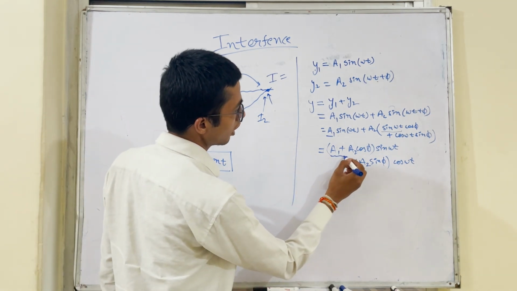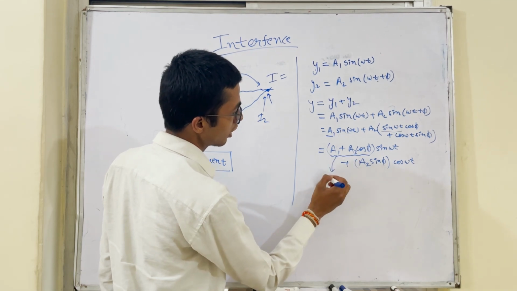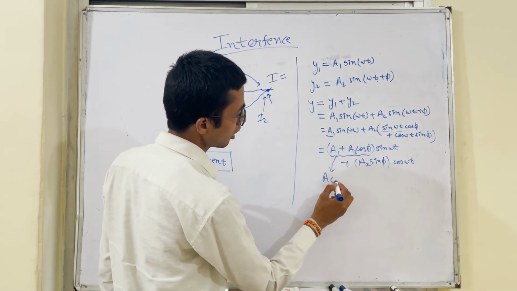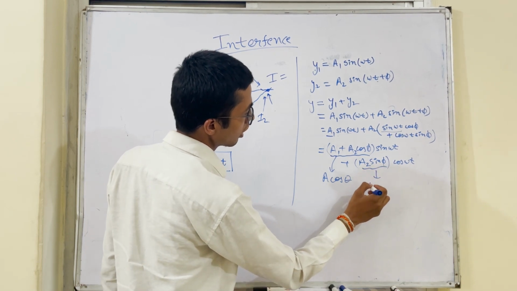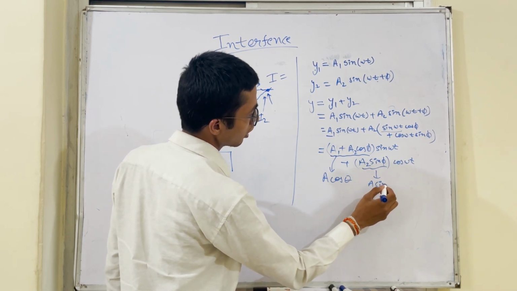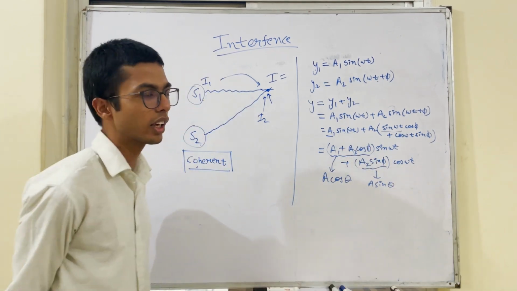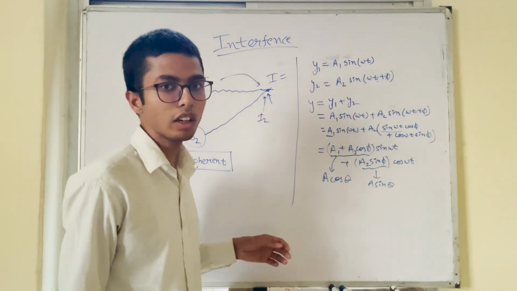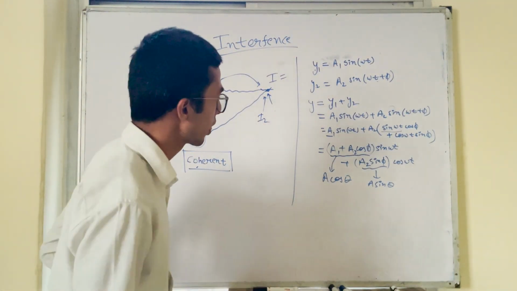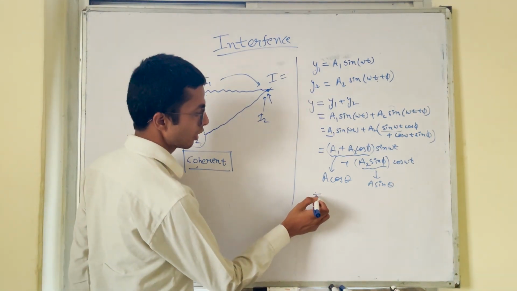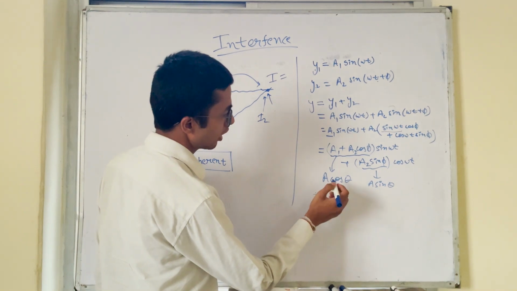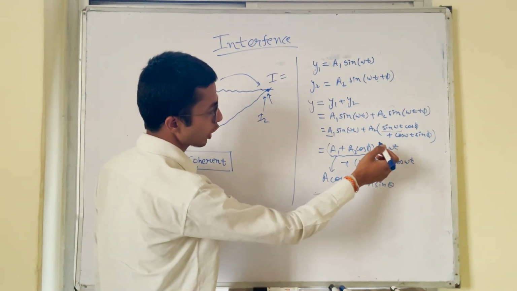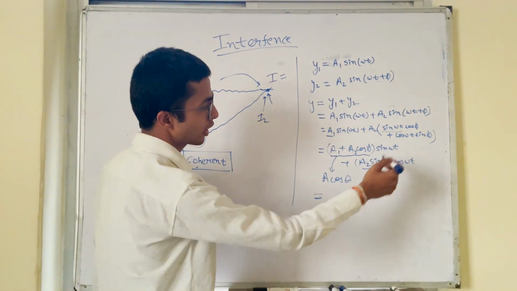Now we can manipulate this. If I say this part is A cos theta and this part is A sin theta, taking arbitrary A and arbitrary theta, then this becomes A cos theta sin omega t plus A sin theta cos omega t.